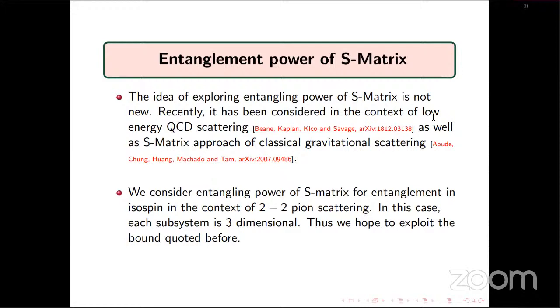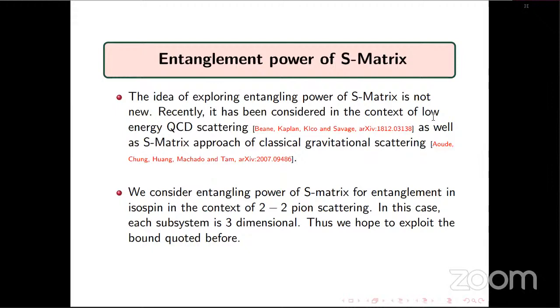Now we consider, for our case, the entangling power of the S matrix for entanglement in the isospin degrees of freedom in the context of 2-2 pion scattering. Why? For scattering, of course, you have various degrees of freedom. The most primitive is momentum, but momentum is infinite dimensional, which is problematic.